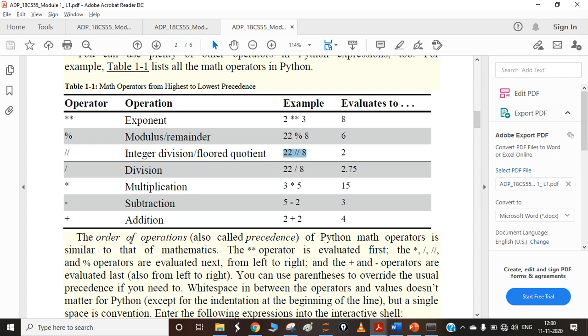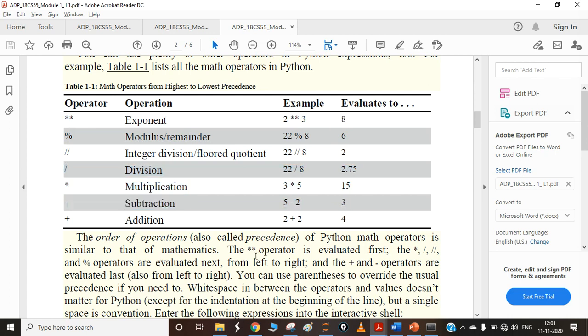And coming to order of operations, or precedence. The exponent is having higher precedence compared to these two, and these operators are having higher precedence compared to these arithmetic operations.